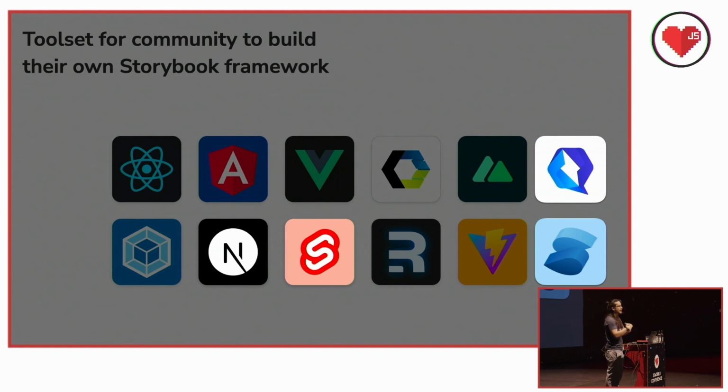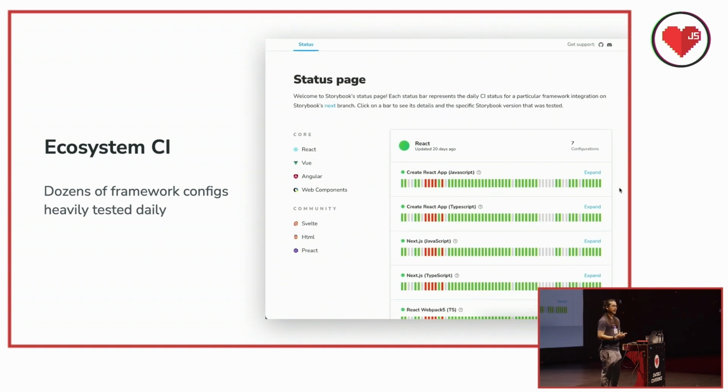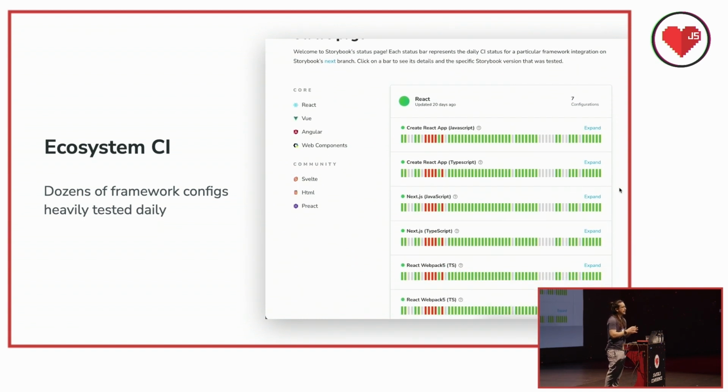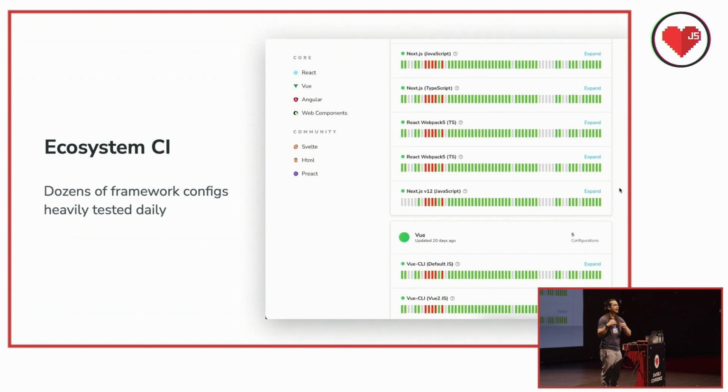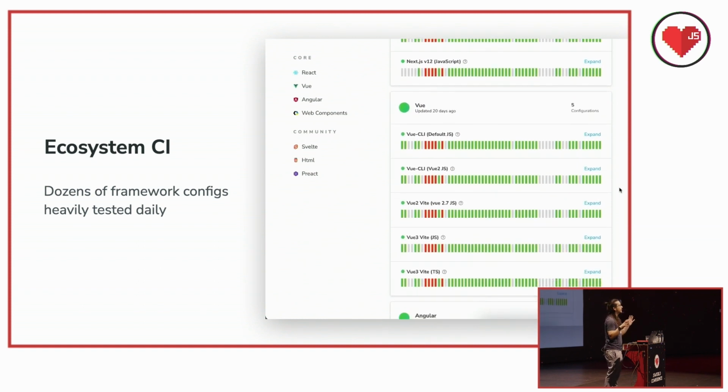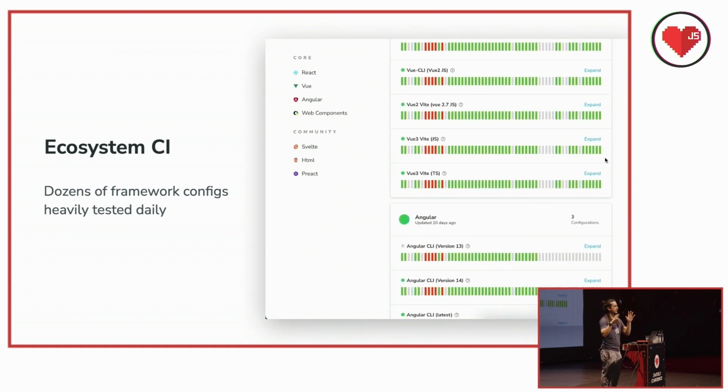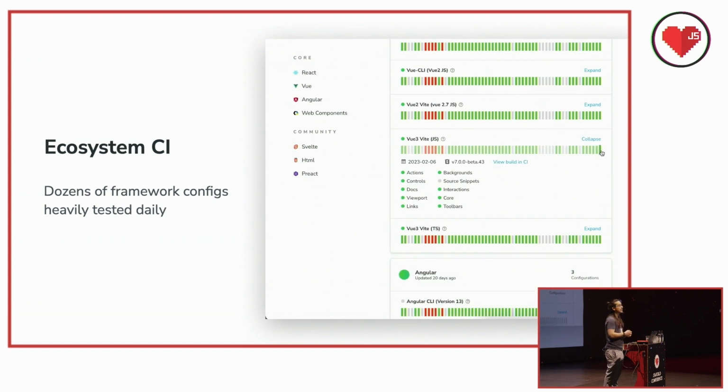To make this even more official, we implemented what we call the ecosystem CI, which is essentially a combination of things. So we are heavily testing dozens of components and dozens of framework configurations every single day in our CI structure. If we get an error, we get reported on Discord, and we can work on it right away.